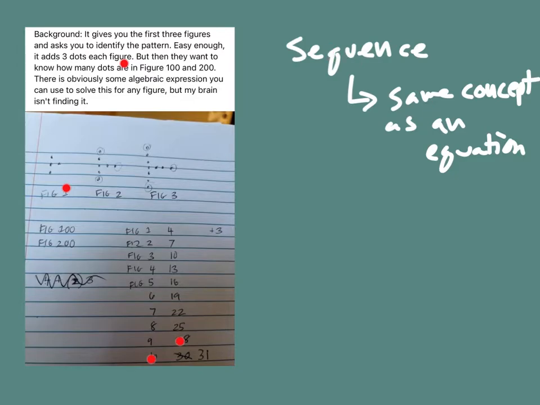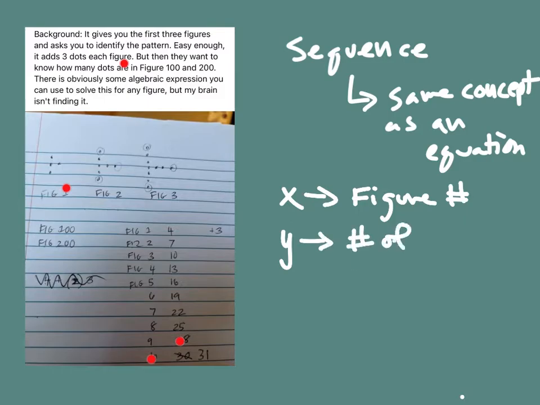I think you said this person was in 6th grade, so let's keep this simple and use x and y. I'm going to let x represent the figure number, and y represent the number of dots. We want to know how many dots are in figure 100 and 200.